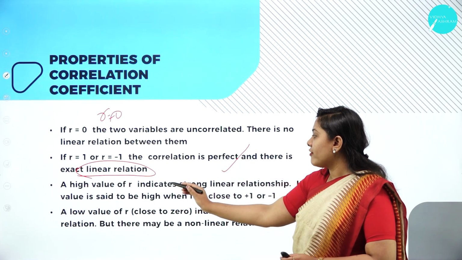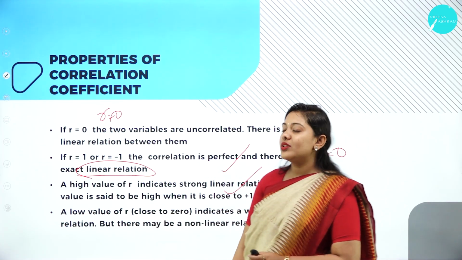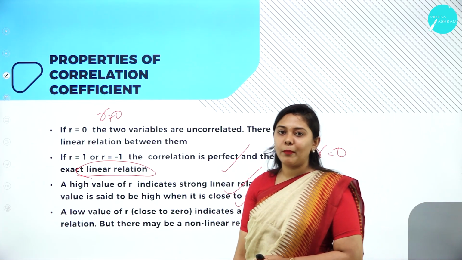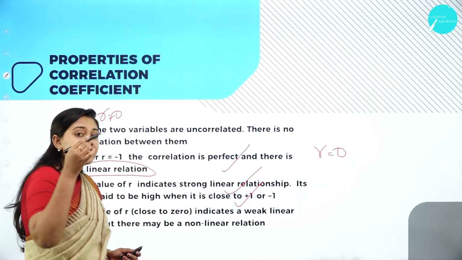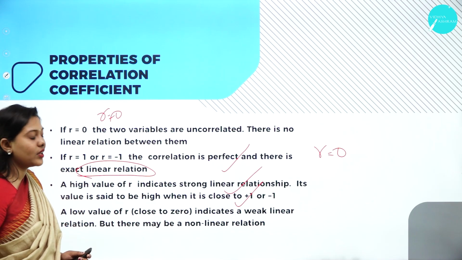A high value of r indicates a strong linear relationship, and its value is said to be high when it is close to +1 or -1. If r is close to +1, then it is a strong linear relationship.